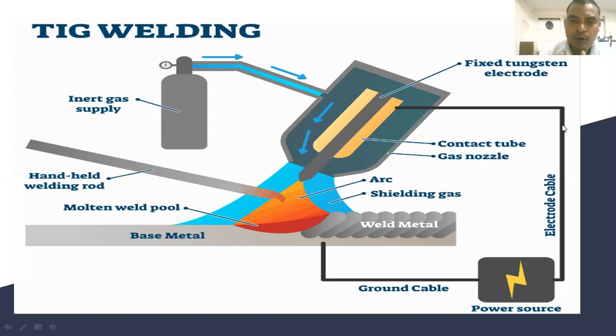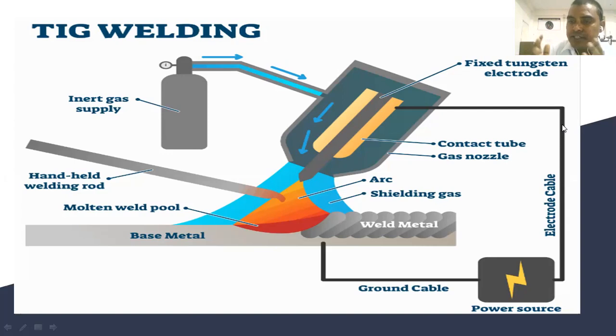When we discuss the operation, we are using a non-consumable tungsten electrode, which, as you see in the figure, is mounted in a special electrode holder. The welding operation is done by striking an arc between the workpiece and the tungsten electrode in an atmosphere of inert gas.